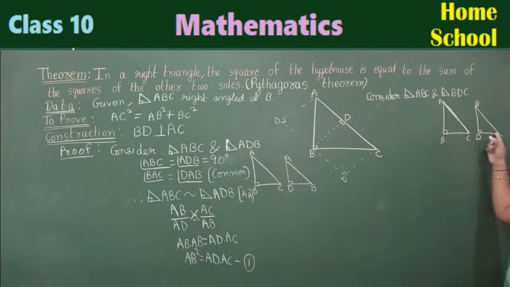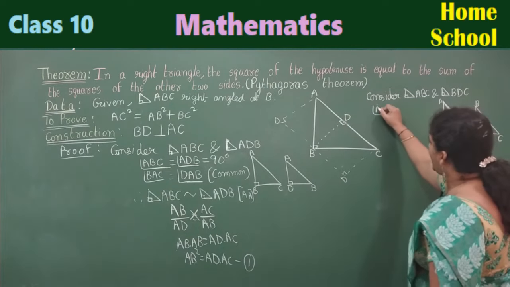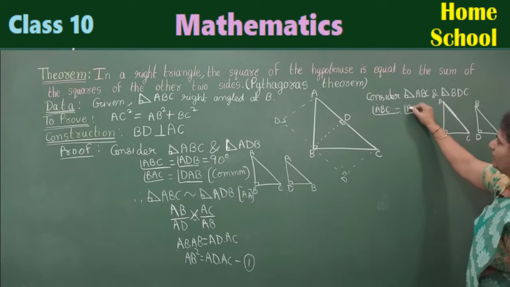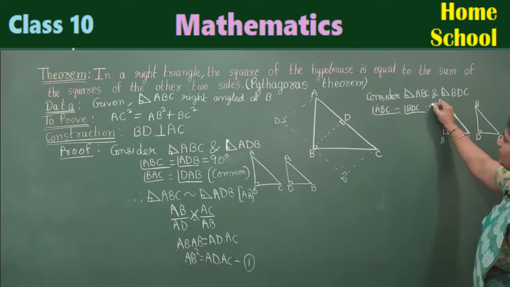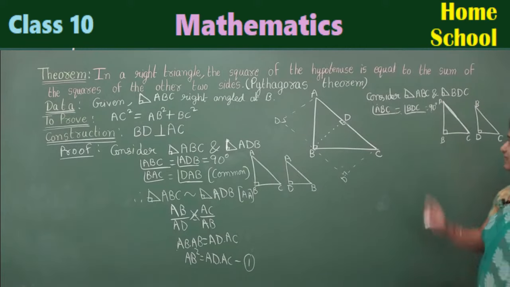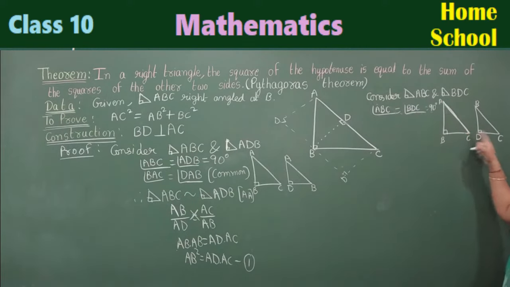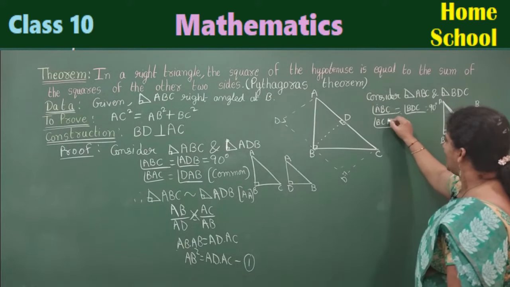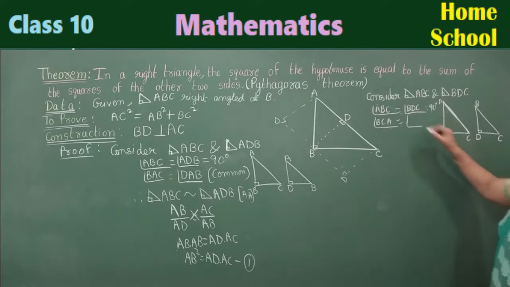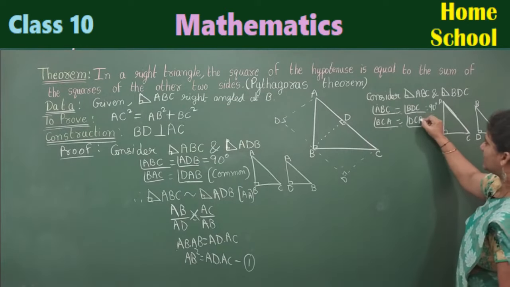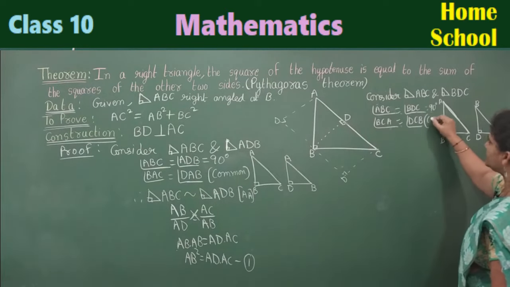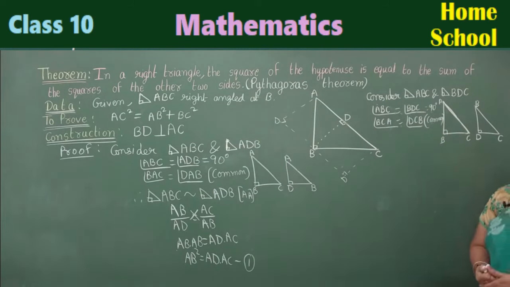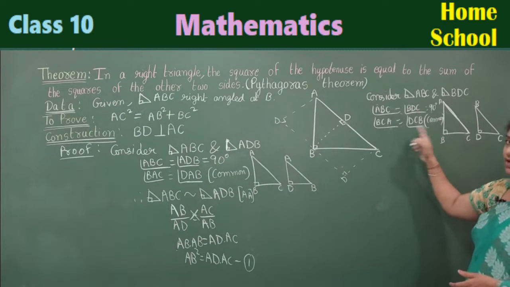Observe these two figures. I can say angle ABC is equal to angle BDC. By what, children? Perpendicular means 90 degrees. Then next, is there anything common? Angle C is common, that means angle BCA is equal to angle DCB. The reason is this is the common angle. These two angles are 90, these two angles are common.